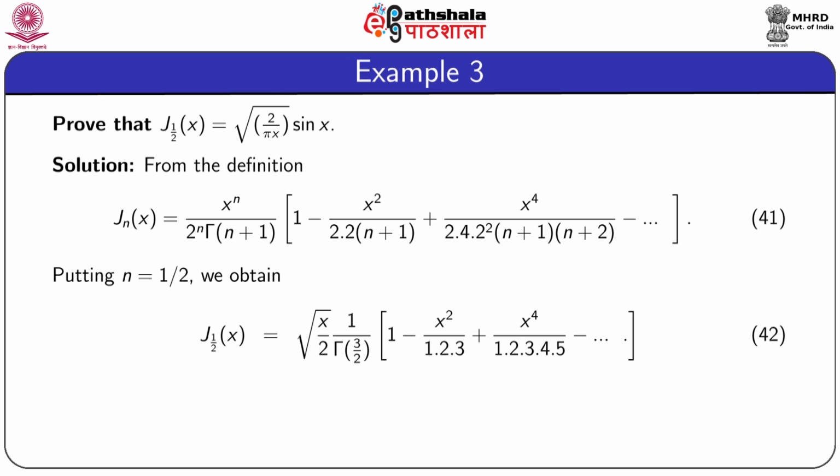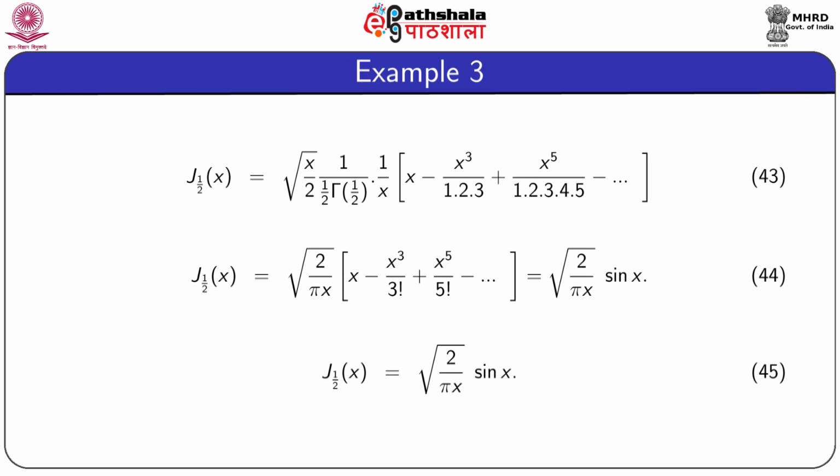Putting n equal to half, we obtain J half of x is equal to square root of x by 2 into 1 by gamma 3 by 2 multiplied by 1 minus x square by 1 dot 2 dot 3 plus x to the power 4 by 1 dot 2 dot 3 dot 4 dot 5 minus dot dot dot.